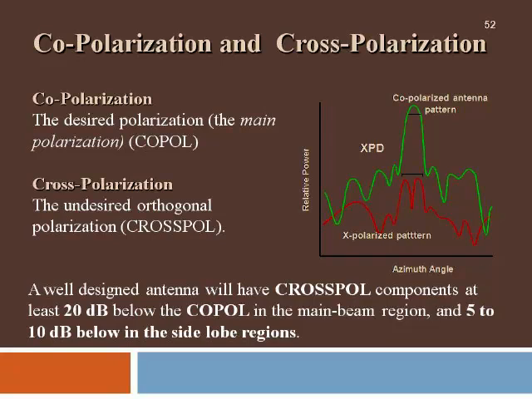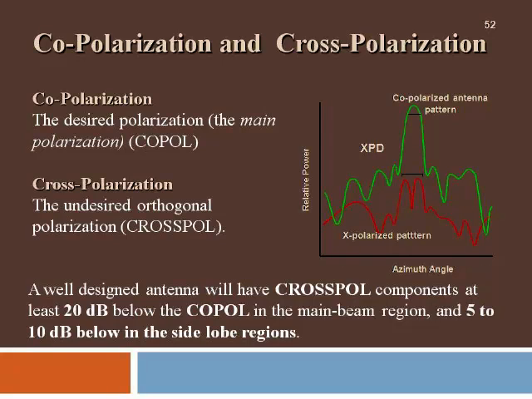Here we have two terms which are very popular in the context of polarization. One is copolarization, the other one is cross-polarization. What do we mean by copolarization? The desired polarization in any particular case is what we call copolarization or simply copole.